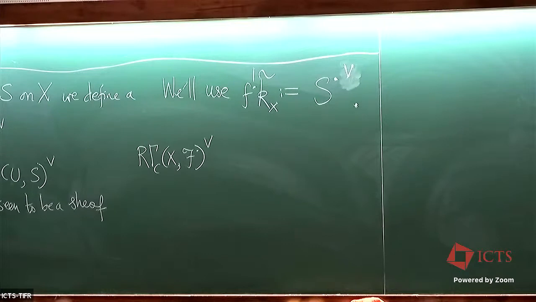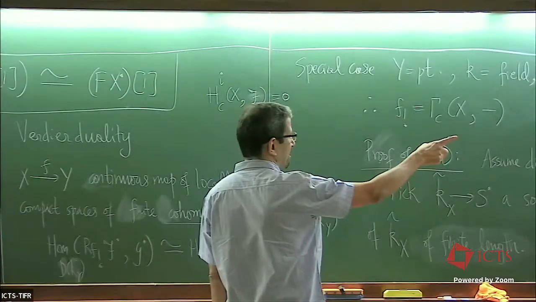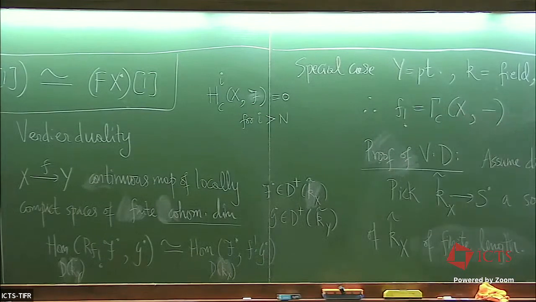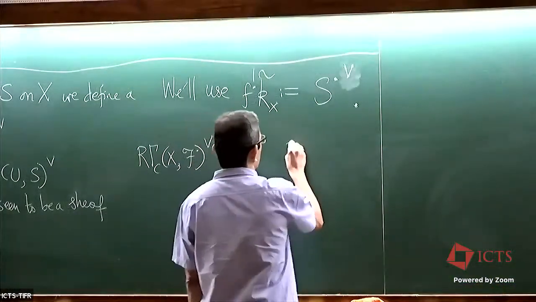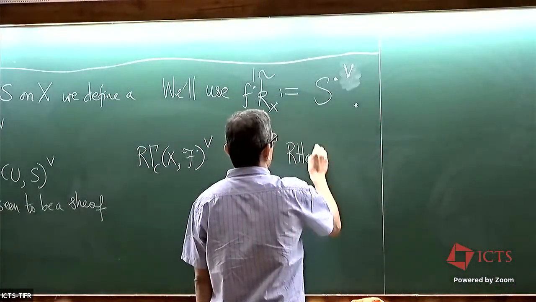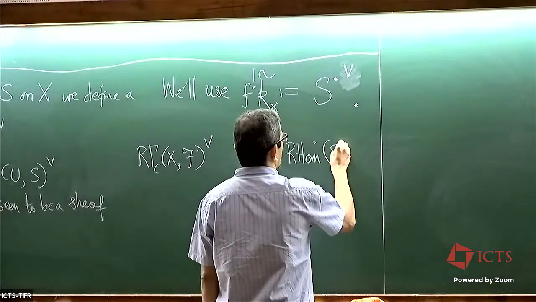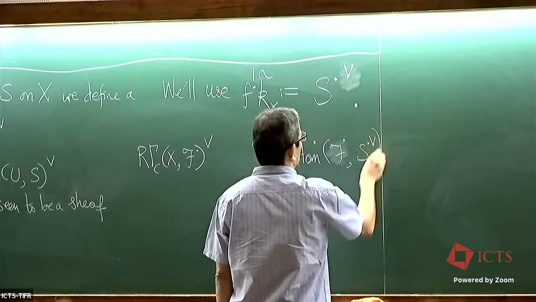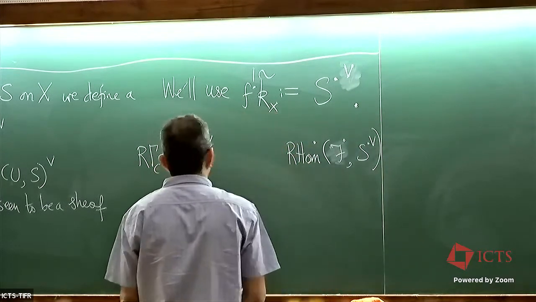And the right hand side is F upper shriek K, which is what we have there, S dual, and F dot. Okay. So R hom dot F dot. And I want to say these two are isomorphic.